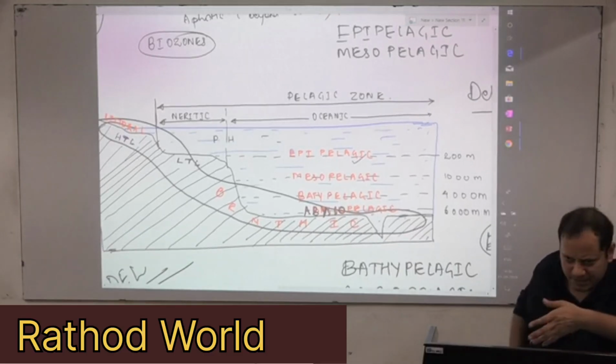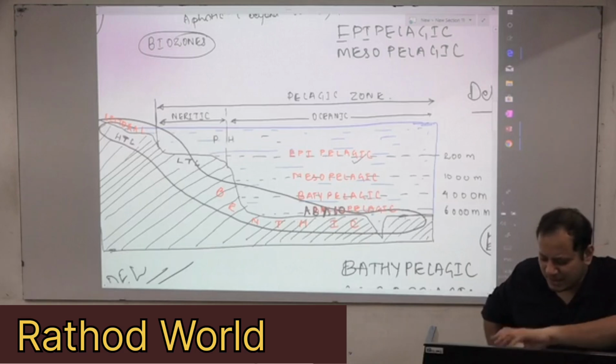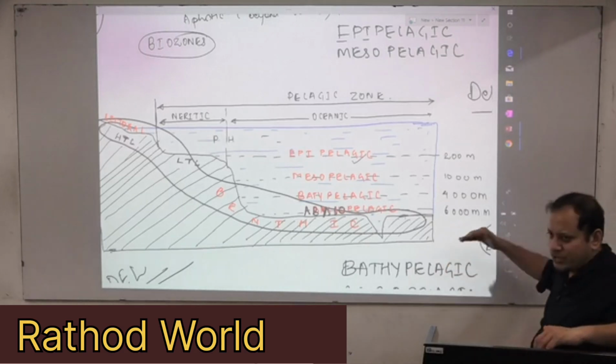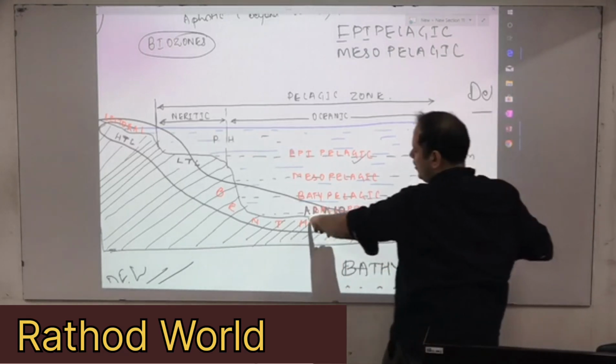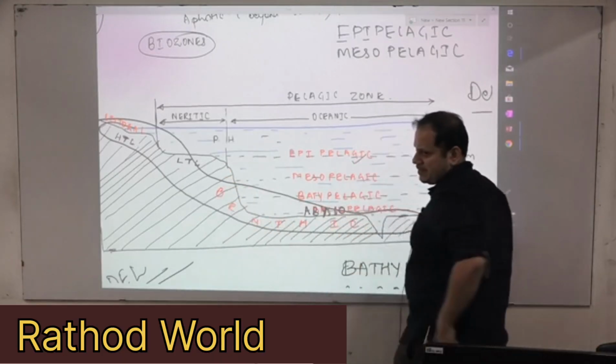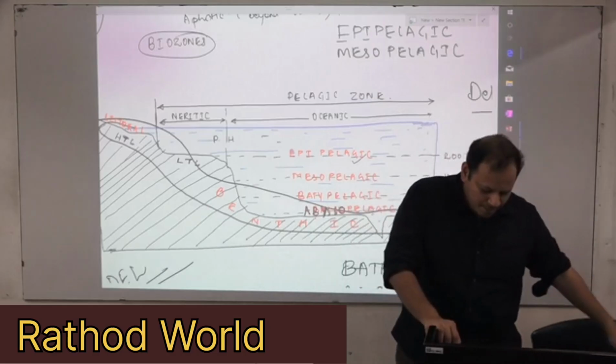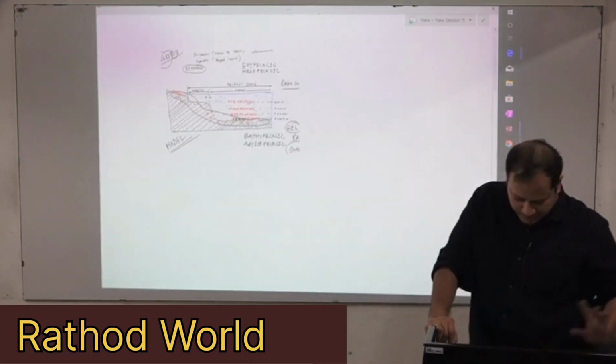No need of mentioning at length, just one or two extra points, understand? Because what was the question? Layers of ocean water above abyssal plain. So you should also mention a little bit about the benthic community. That is why I have given you this. This is what distinguishes. Any doubts in this chapter?